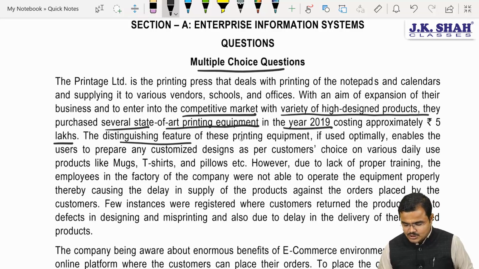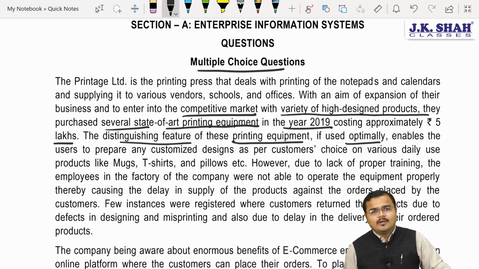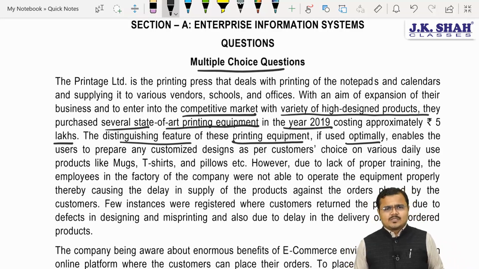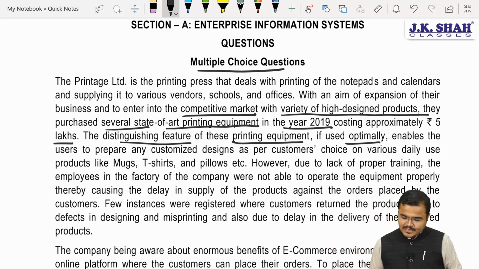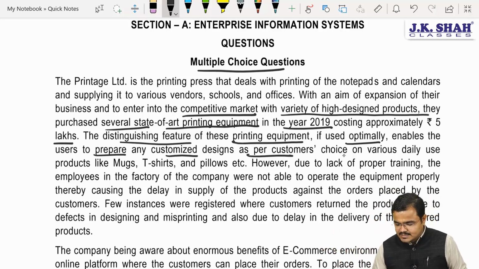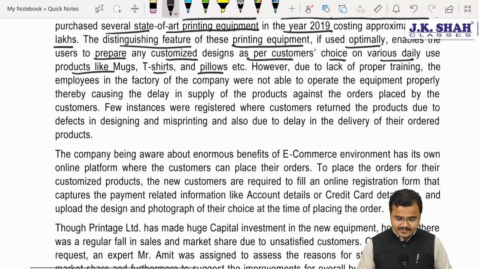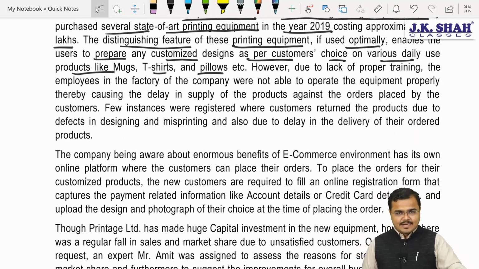The distinguished feature of this printing equipment, if used optimally, it means what? Sir, optimum use of resources. If it is used with full capacity, it enables the user to prepare and customize the design as per the customer's choice on various daily use products like mugs, t-shirts, pillows, etc. Generally we gift nowadays personalized gifts of this kind.